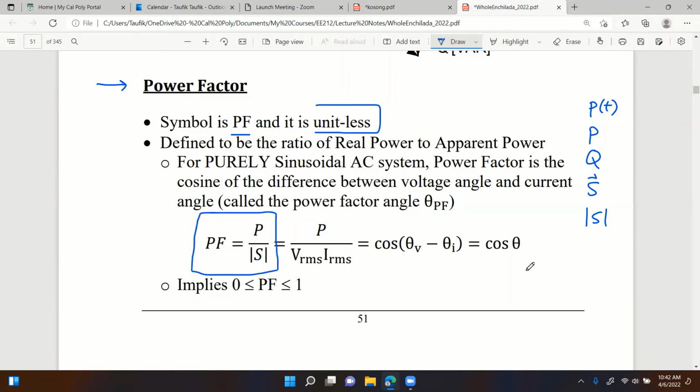Right there. And we know that apparent power is equal to the product of voltage and current RMS values, right? So the same equation is equal to P over VRMS times IRMS, right there. So that's the general equation for power factor. And I have to make a note that this equation applies to all types of AC waveforms.